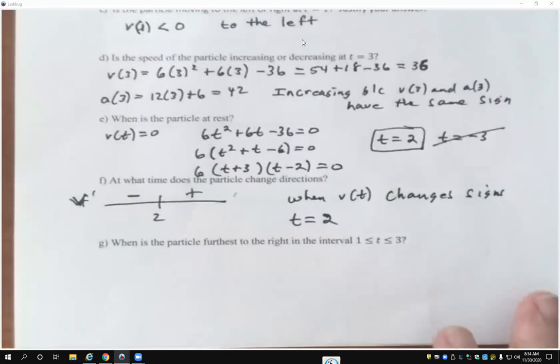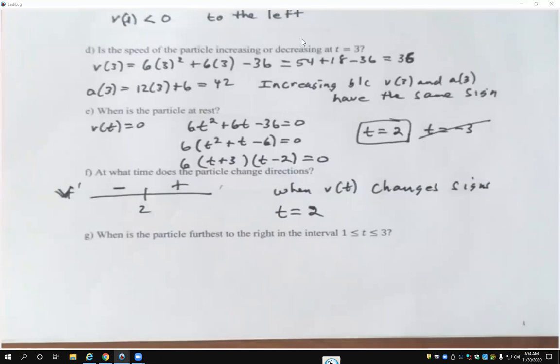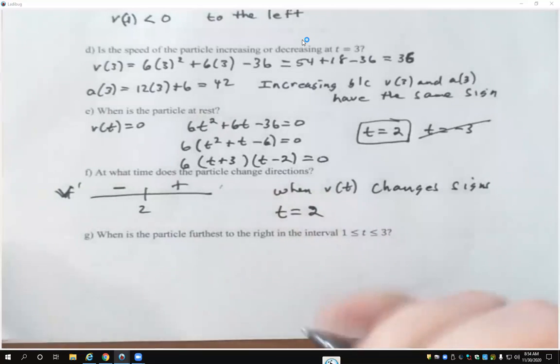All right, I'm going to ask you guys a question on this last one. And the last question is, when is the particle furthest to the right in the interval 1 to 3? Okay. What do you think they're asking for when they're asking furthest to the right? Greatest positive number.